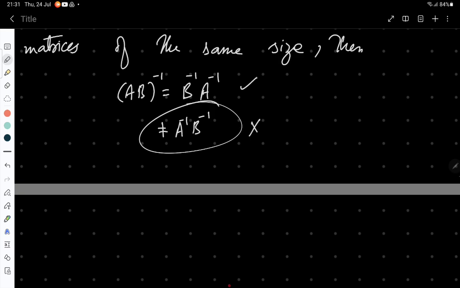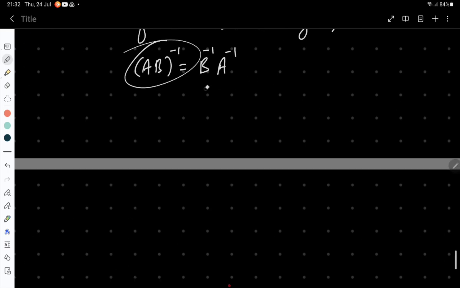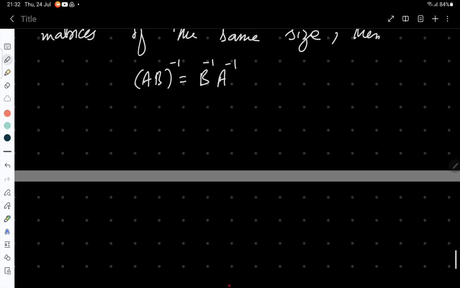This is wrong and this is true, because whenever you take the inverse of the product and you want to distribute the inverse on both, then you have to change their order. This is the main task of this theorem.